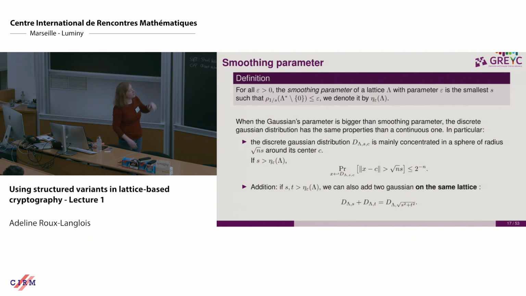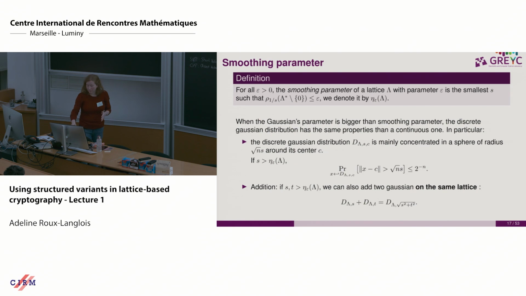The probability that the norm of x minus c, where c is the center, is larger than the square root of n times the parameter will be very small: 2 to the minus n. For large enough n, you're quite sure it will never happen. And the second good property is that you can add 2 Gaussians of the same lattice and it will still give you a Gaussian.